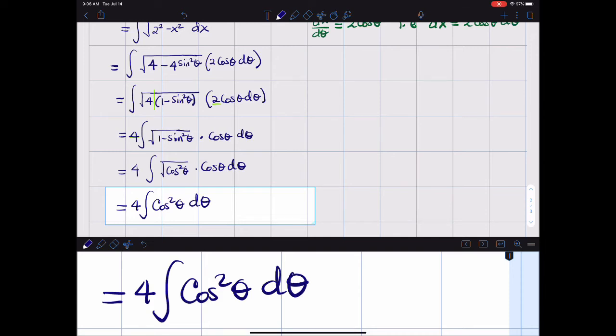All right. If you remember when we did trig integrals, we said that when we have an odd power, we can factor out something. But when we have an even power, and that's the only thing we have, then we have to use the double angle formula.